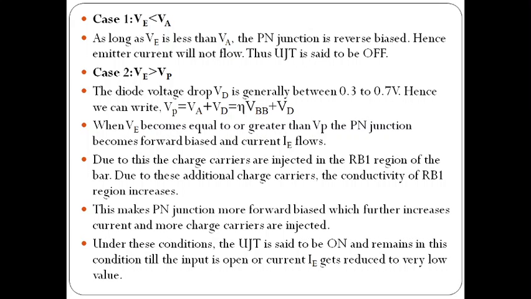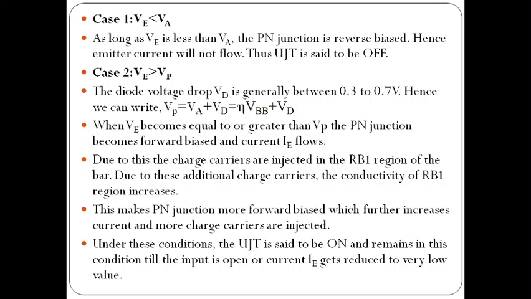Due to this, the conductivity of the B1 region increases and resistance decreases. So when you are increasing the forward bias more, the conductivity of the B1 region will increase and resistivity will decrease.